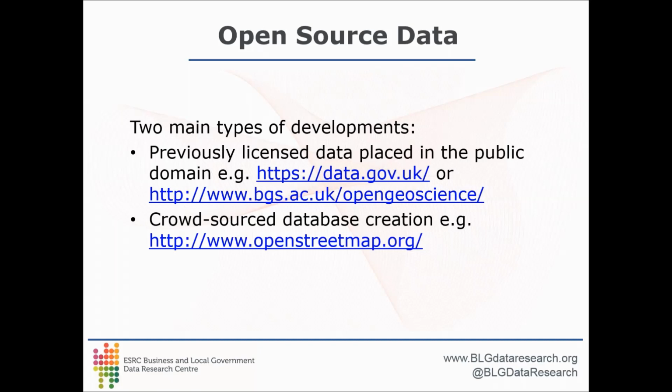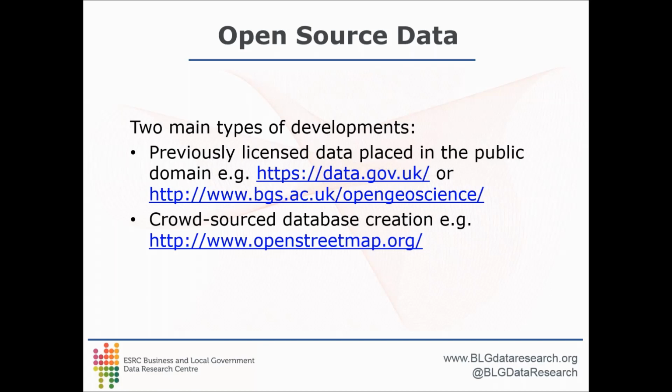So firstly, you've got previously licensed data where there might have been a cost or a quite restrictive license associated with obtaining the data. That information is now in the public domain. It doesn't cost anything to obtain it, and the licensing restrictions associated with its use are much wider, much more generous, if you like, than what they were previously.